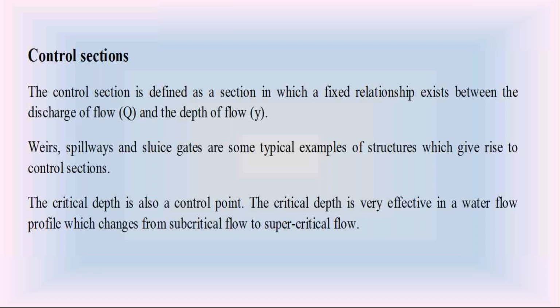So we consider them as the control sections in open channels. And in the open channels, the critical depth location. We know in open channels, we have the depth called critical depth YC. It exists at one particular location in the open channel. That location of critical depth in the open channel is also an example of control section.